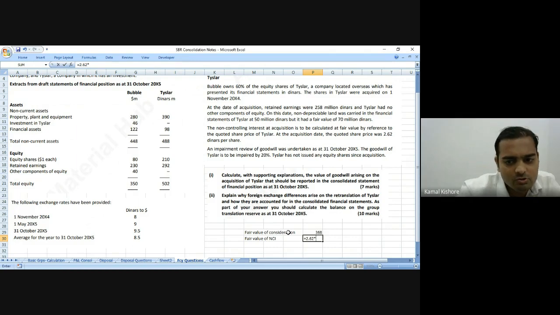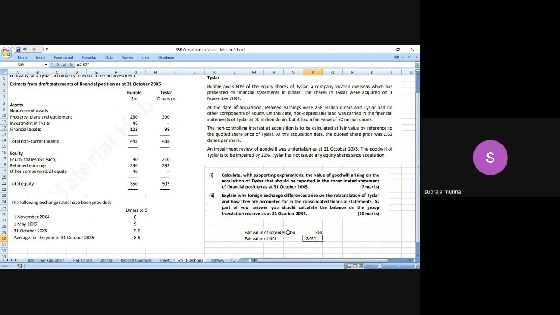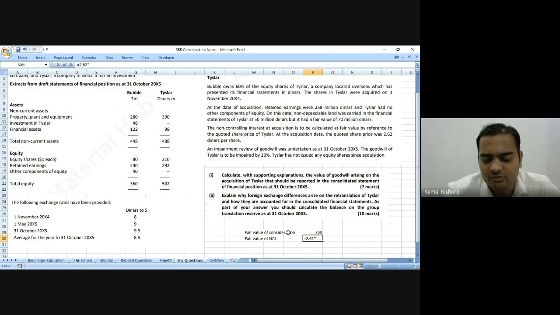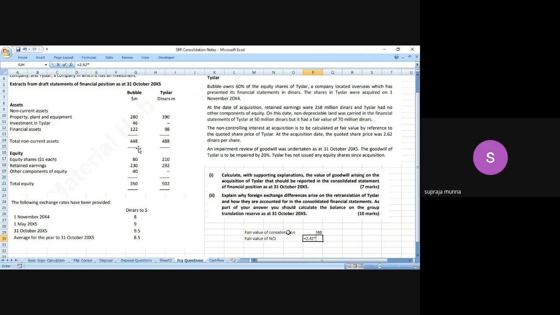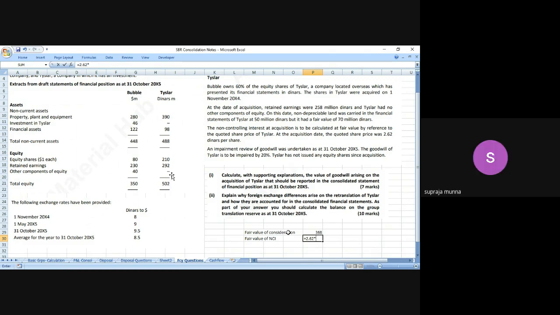No, number of shares you have to find out, right? How many are the number of shares? Do we have that information? No. They've given only 250 equity shares, $1 each.